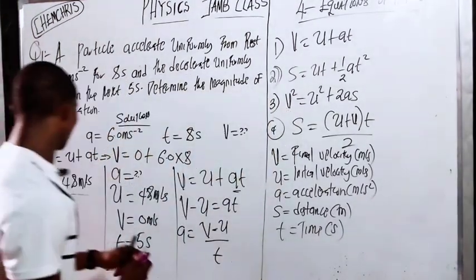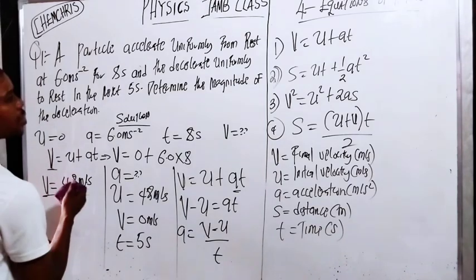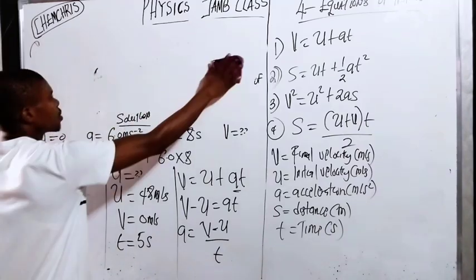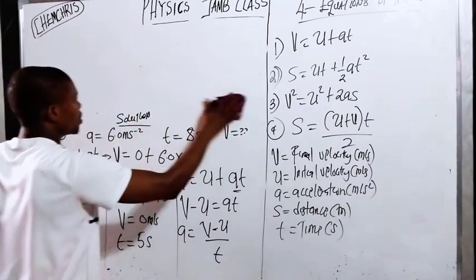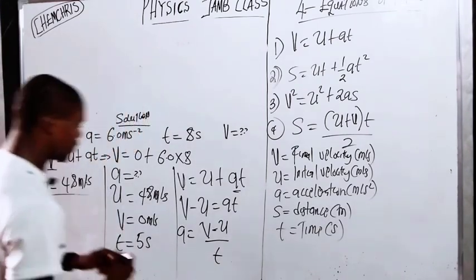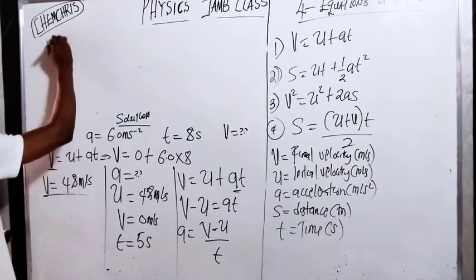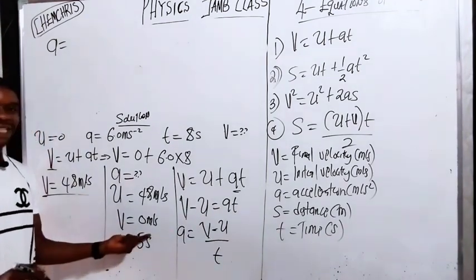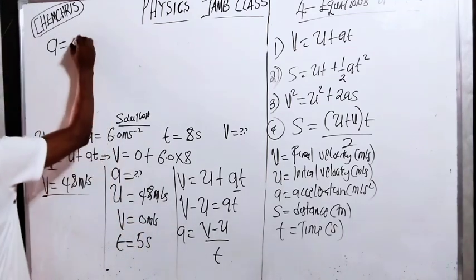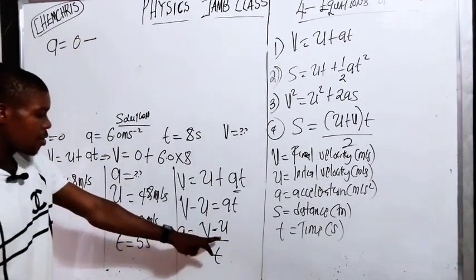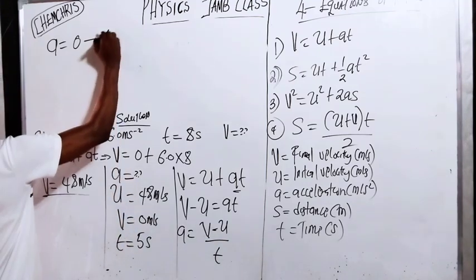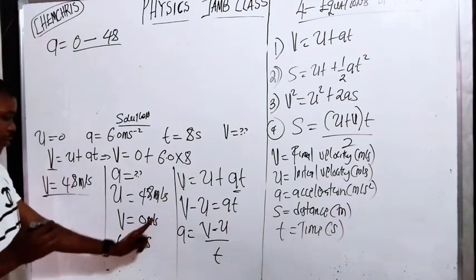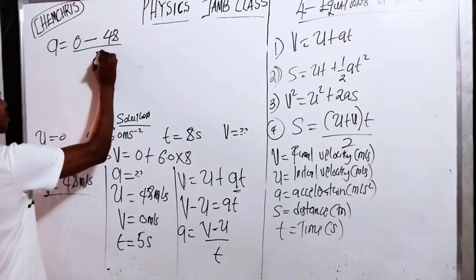So what are we going to do here? Let's substitute our values. So let me write this out. So what are you going to get here? a equals my final velocity, because it accelerates to rest, right? 0, minus my initial velocity, 48, over my time, 5 seconds.